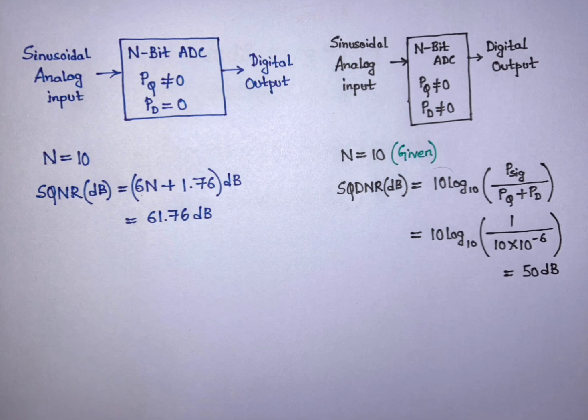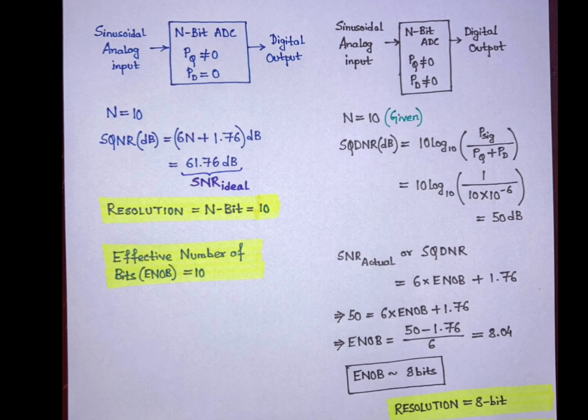This can happen. So in our first case, the resolution is 10 bits and your effective number of bits is also 10. But if you go to the second case and try to calculate the effective number of bits, it is as if there is a smaller resolution ADC with only quantization noise, meaning an ideal ADC. So what is that effective number of bits, which is ideal, which will give a signal to quantization noise ratio of 50 dB?